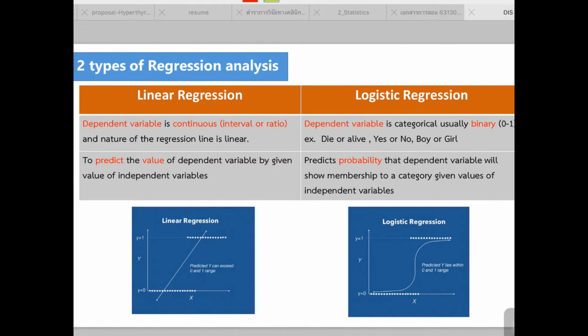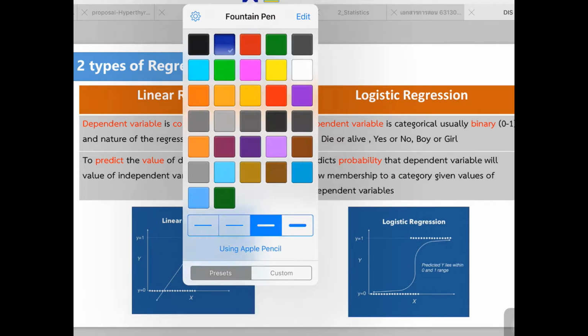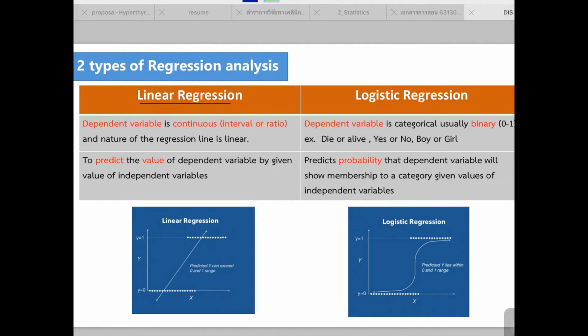And there are two types of regression analysis. The first one is linear regression and the second is logistic regression. So how do these two differ? Firstly, the dependent variable for linear regression is continuous, but the dependent variable in logistic regression is categorical, usually binary, which means there will be two choices of result, for example, die or alive, yes or no, boys or girls.